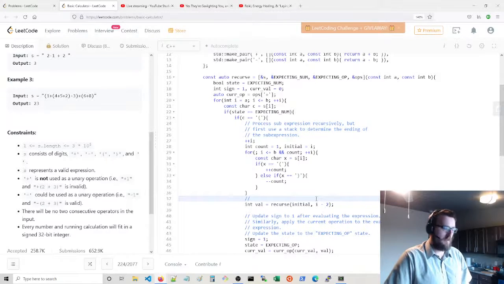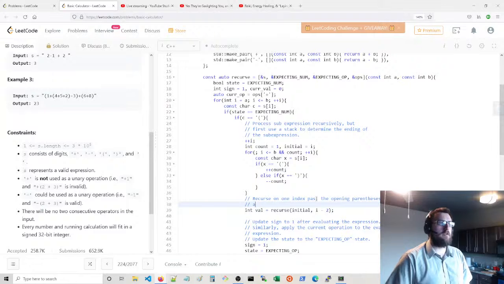So recurse on 1 index past the initial opening parenthesis and on 1 before the closing parenthesis.